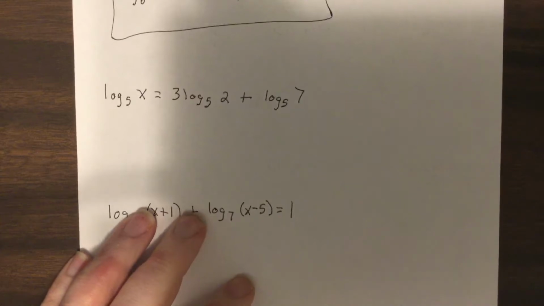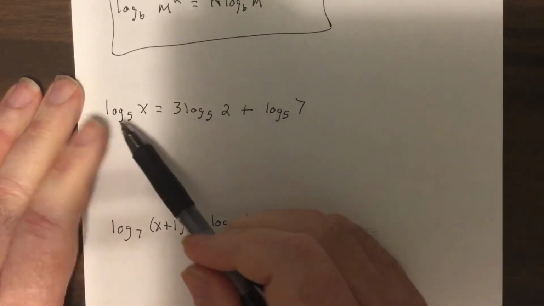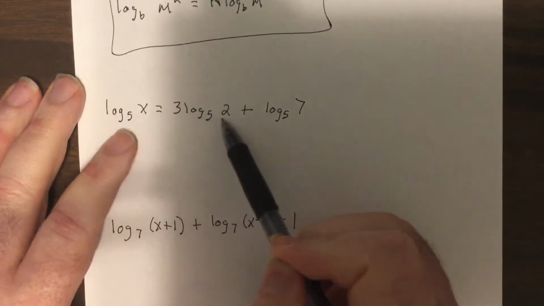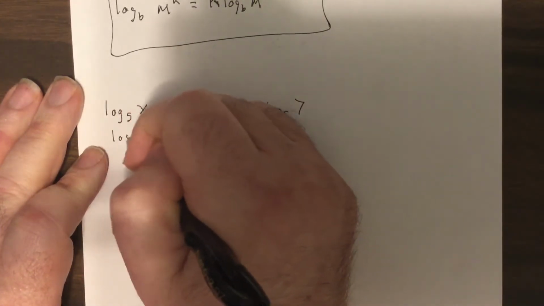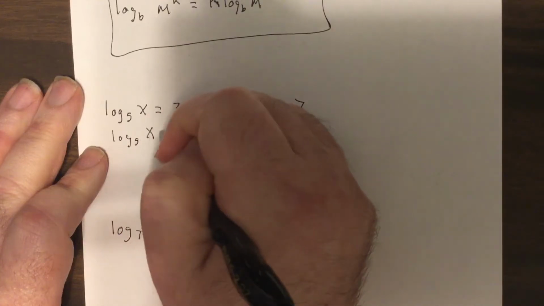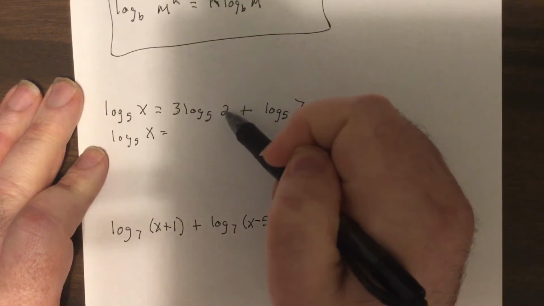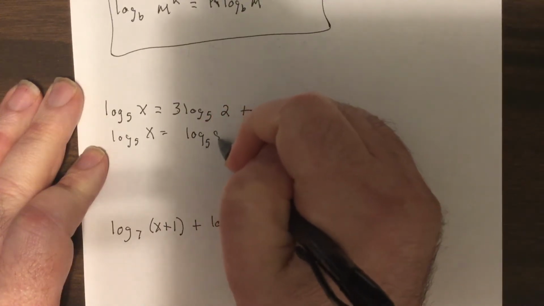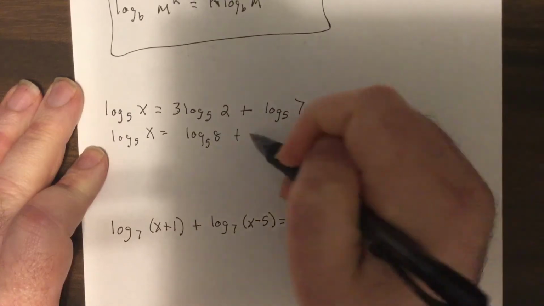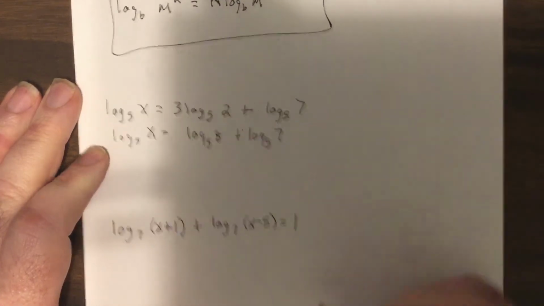So you can use that when you're solving. For example, if you have log, same base on both sides, you want to get it to 1 log equals 1 log. So the 3 means cube it, so 2 cubed is 8, plus log base 5 of 7.